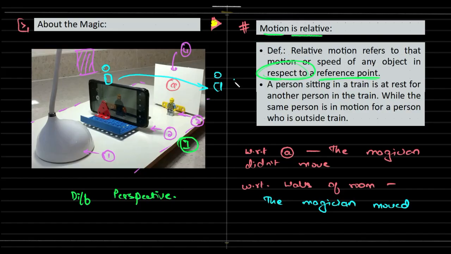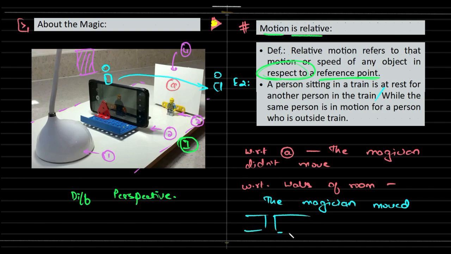Let me give you guys another example. A person sitting in a train is at rest for another person in the train, while the same person is in motion for a person who is outside the train. That is very commonsensical, right?